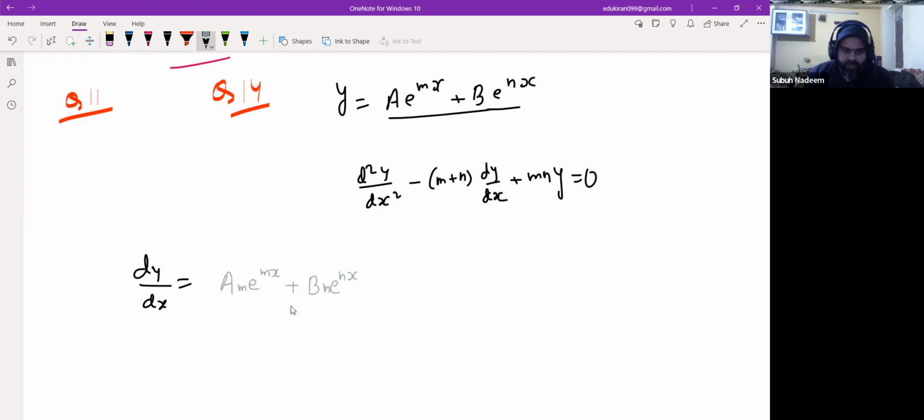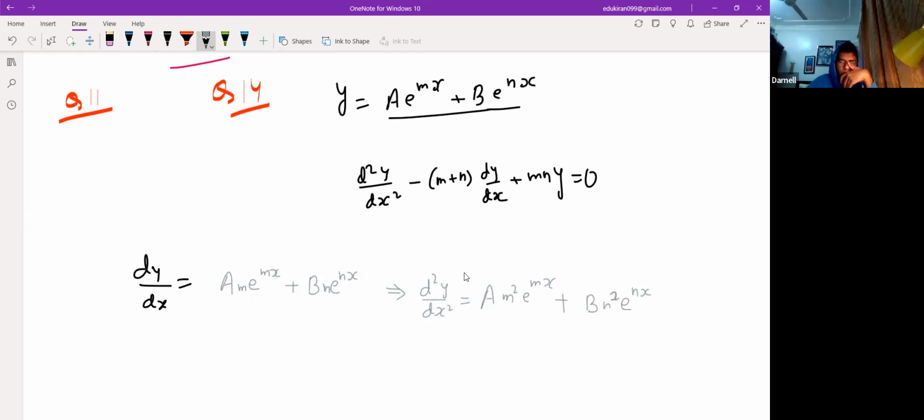Now you have to differentiate it again. So when you differentiate it again, you will get a m square e to the power mx, because one more m will get multiplied, and b n square e to the power nx. Is it okay?